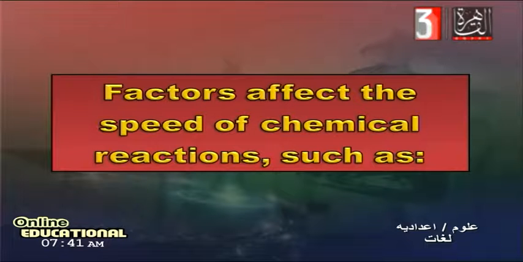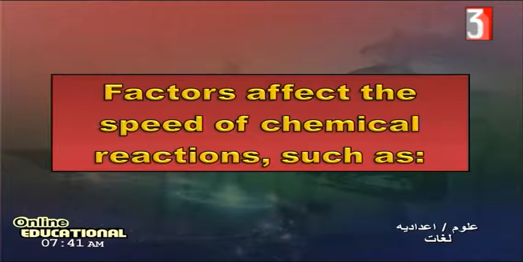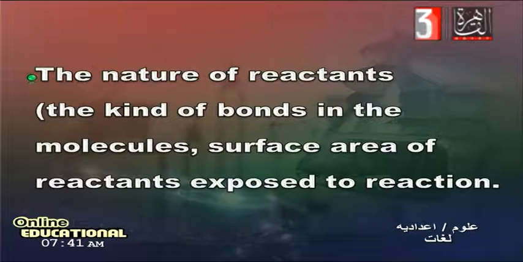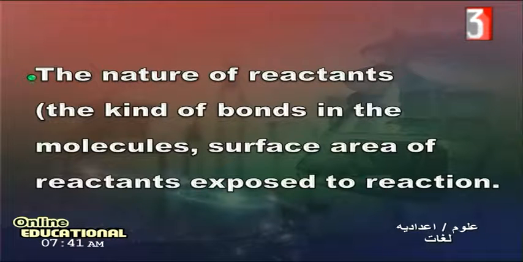Now, we will study factors that affect the speed of chemical reaction, such as the nature of reactant, or the kind of bond in the molecule, and the surface area of reactant exposed to reaction.